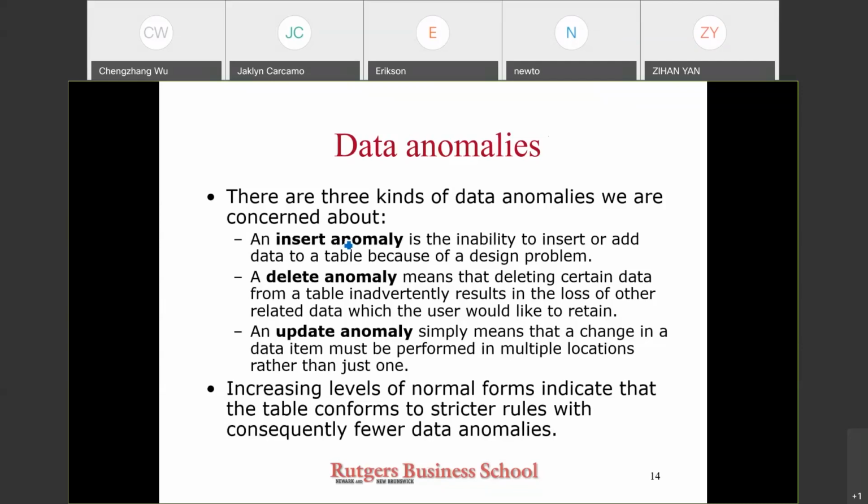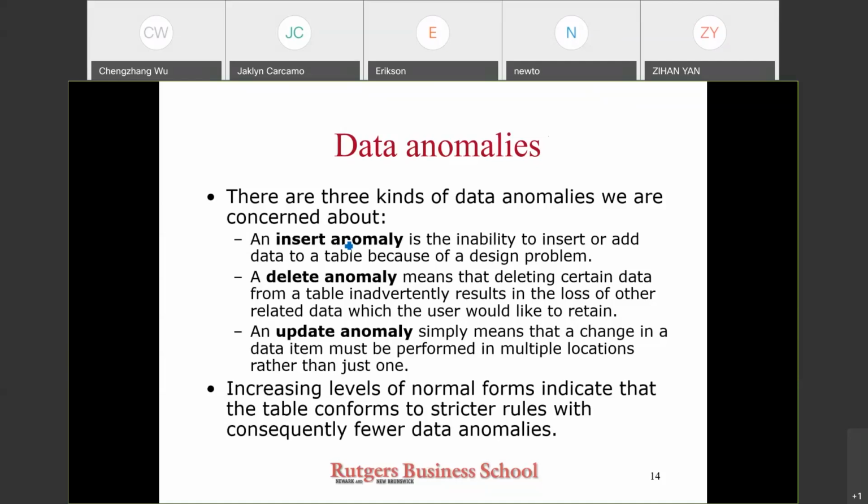Delete anomaly literally means that deleting certain data from a table results in the loss of other related data. And the loss of other related data is the data that the user would like to retain.